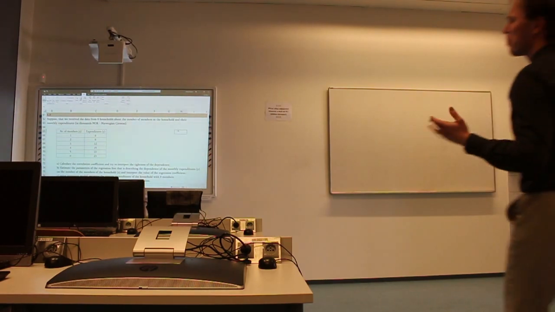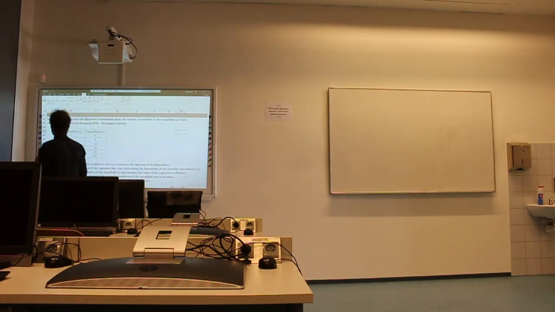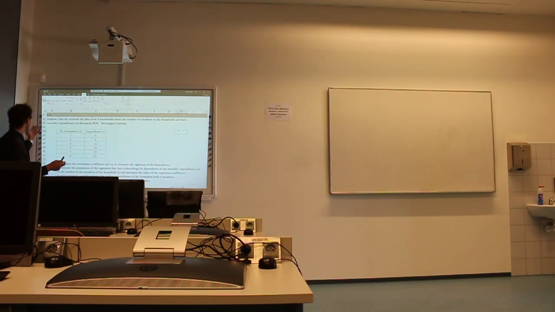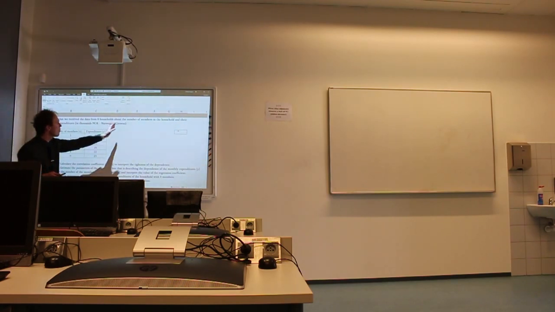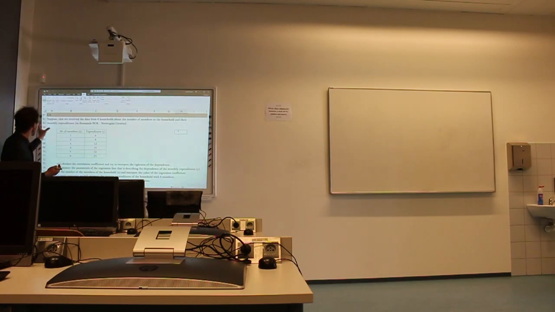Okay, last example for today. In the previous example, we tried to calculate the statistic of dependence between variable 1 and variable 2. Now we received data from 6 households about the number of members in the household and their monthly expenditures in thousands of Norwegian crowns.